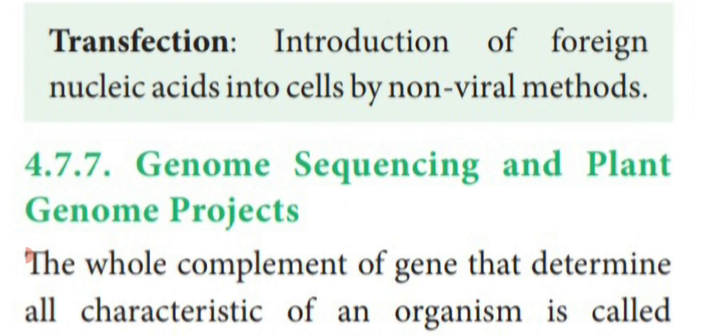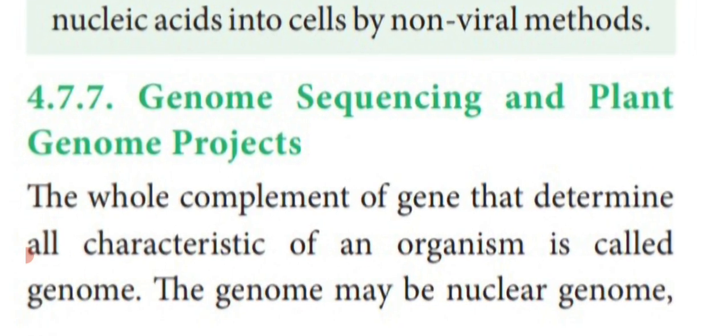Next, we are going to see the genome sequencing and plant genome project. Dear students, the totality of the gene or DNA molecule which is present in an organism is known as genome. It's a very, very important 2 mark question. What is genome?